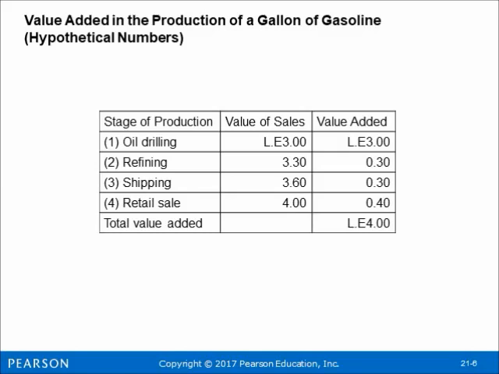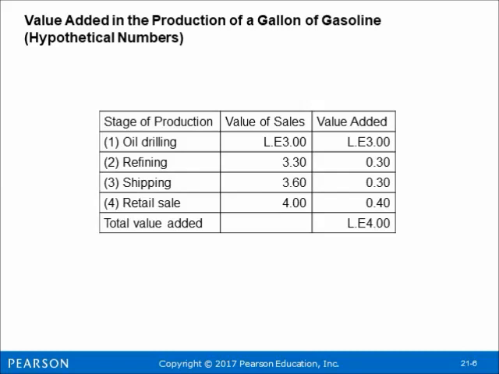The following table shows an example of how to calculate the value added in the production of a gallon of gasoline. The numbers that follow are hypothetical numbers.